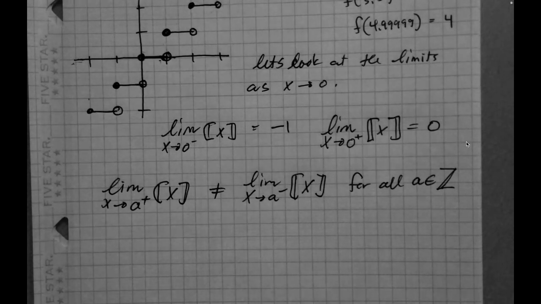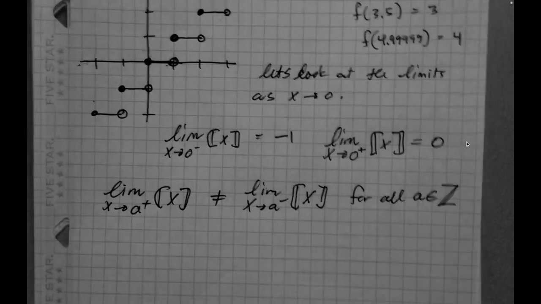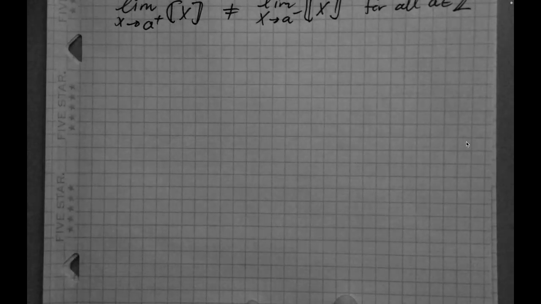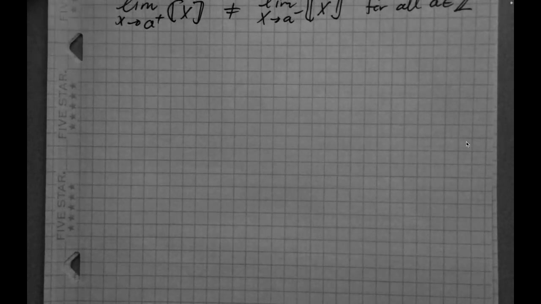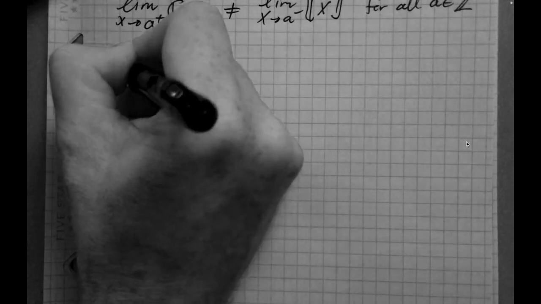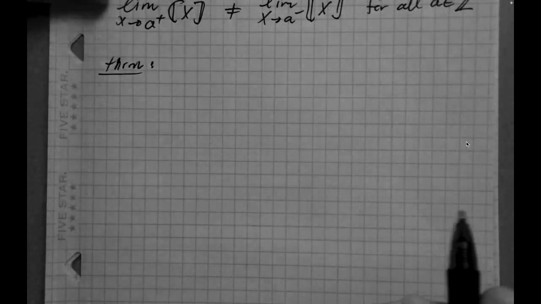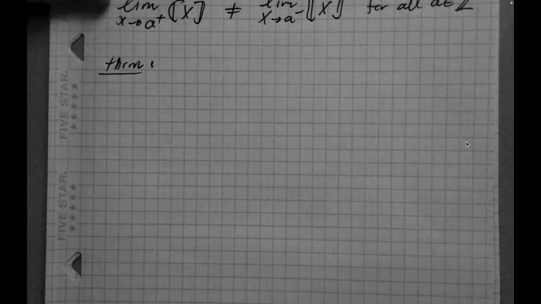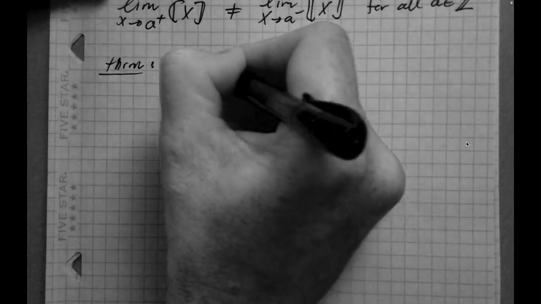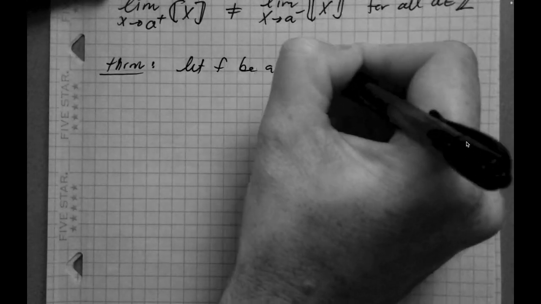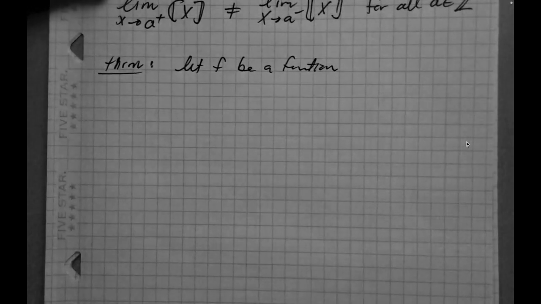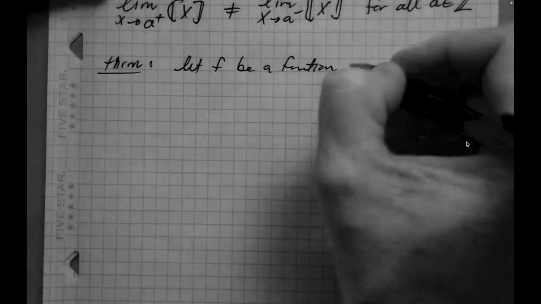Great. This example leads us to a nice theorem about limits in general. Maybe it's intuitive, but let's talk it through. Let f be a function and c and L be real numbers.